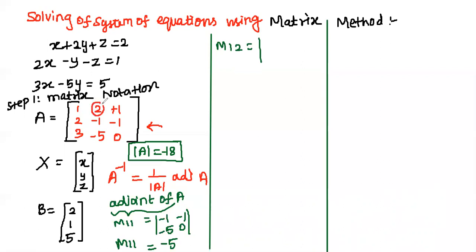This is in the position of first row, second column. After neglecting this, you will be left with 2, minus 1, 3, 0. So that will give you the result as 0, and minus of minus 3 will give you plus 3. So M12 is plus 3.